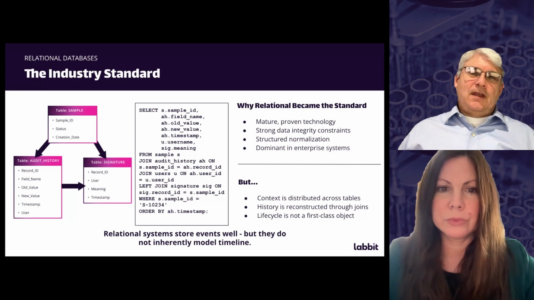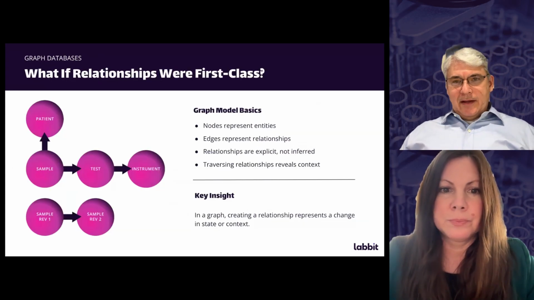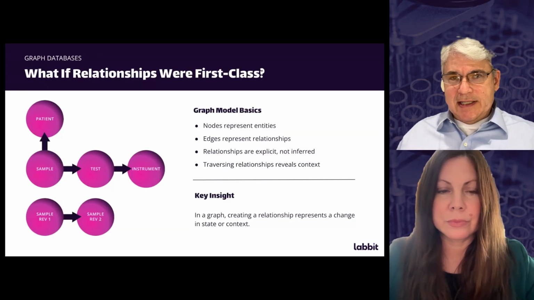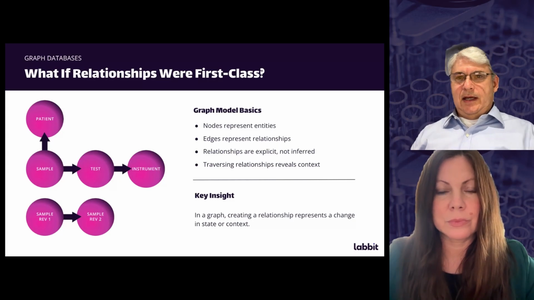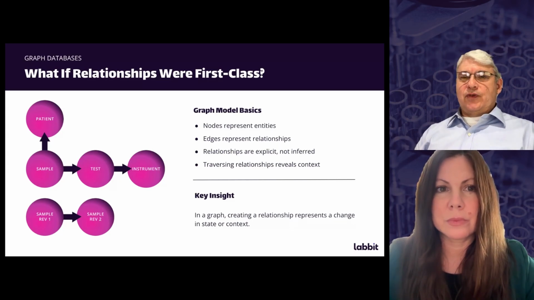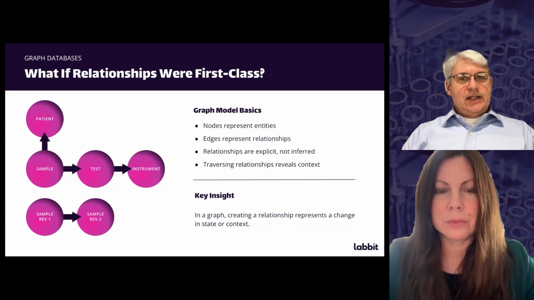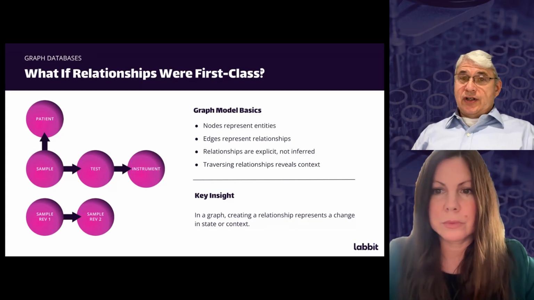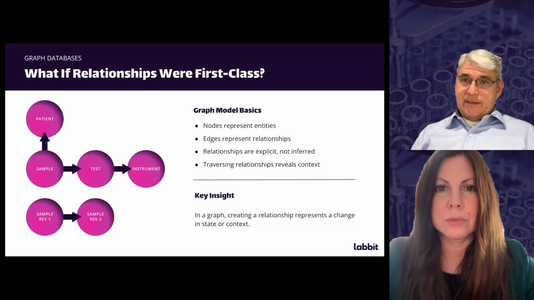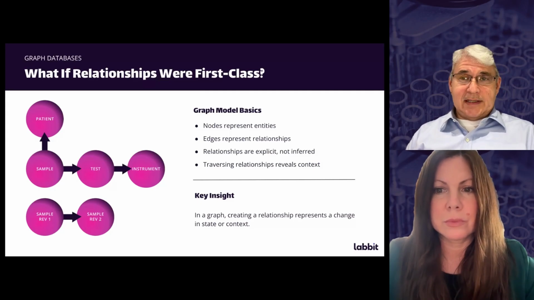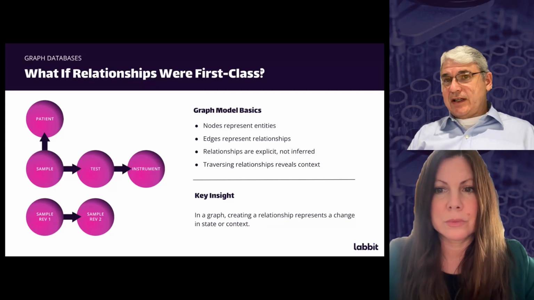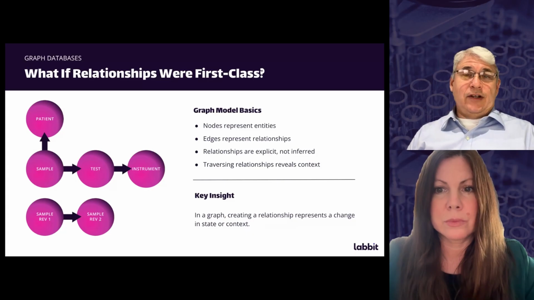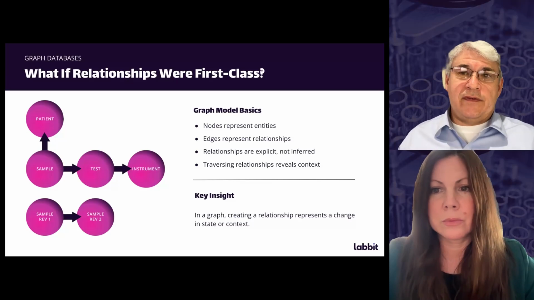All right, thank you. So we talked about relational databases being the main way that systems record data. Now imagine, instead of organizing data in tables and having inferred relationships, you can use a graph database. A graph database is a different type of technology for storing data, and it treats relationships between things as first-class citizens, not things that you infer.